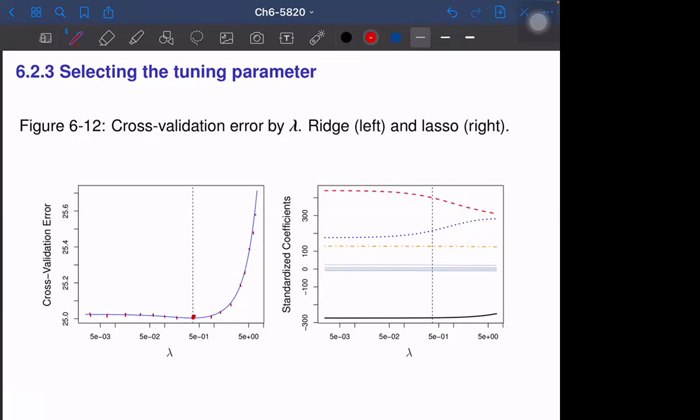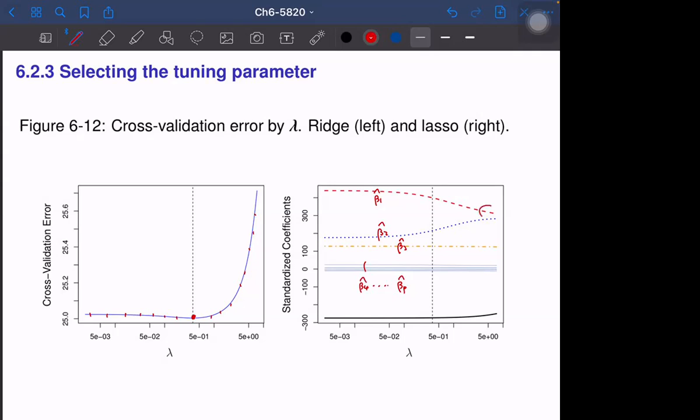In the standardized coefficients, as lambda gets larger, the coefficients become smaller. This is beta 1 hat, beta 2 hat, and beta 3 hat, and we have dummy variables, so this is maybe beta 4 hat to beta p hat. But the true model only includes the 3 parameters. As lambda gets larger, it's not clear, but at least these coefficients get smaller.